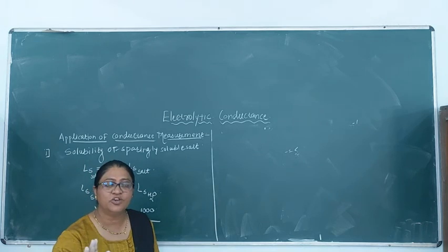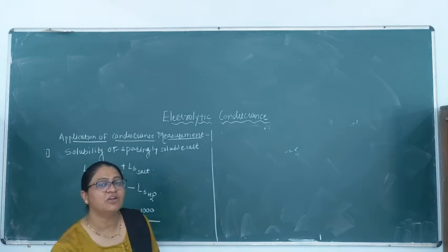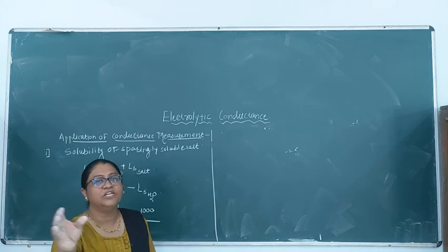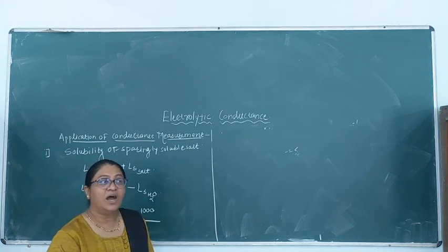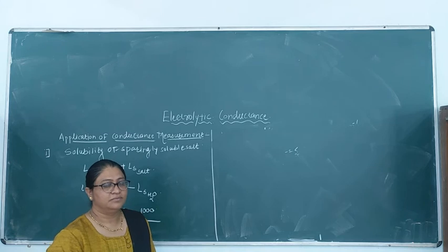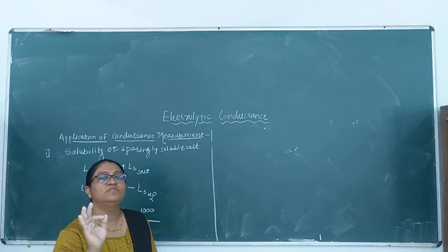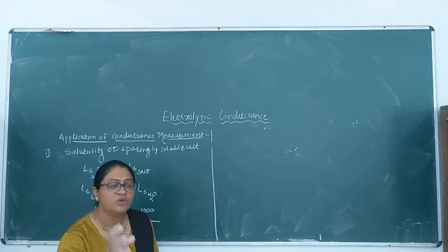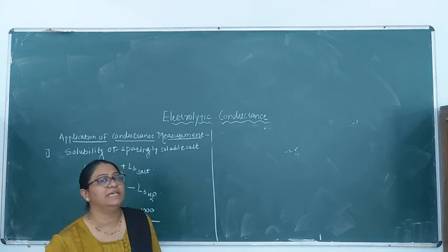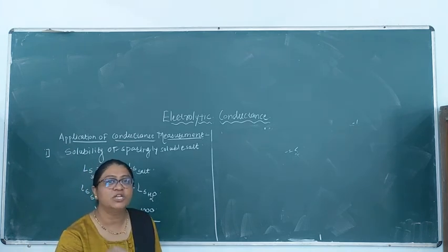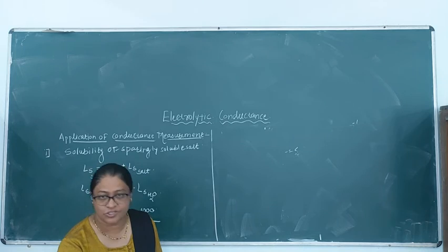What is the solubility of that salt? The dissolved concentration of the salt is nothing but the solubility of that salt. The undissolved part, its concentration is not the solubility. The solubility of the salt is the fraction of the salt which is dissolved in the water. Dissolved in the sense, the fraction which forms ions in the solution.